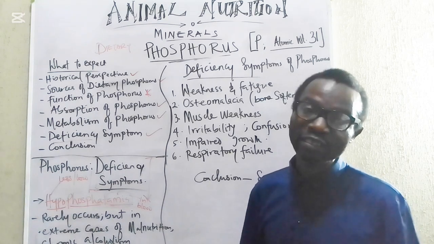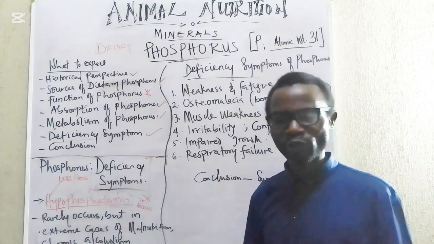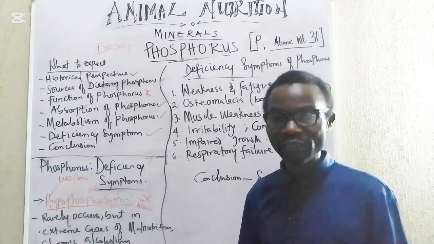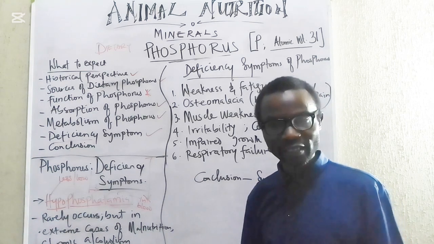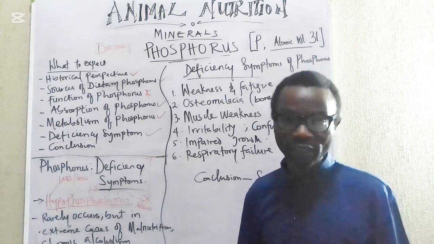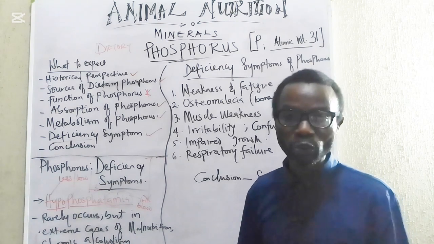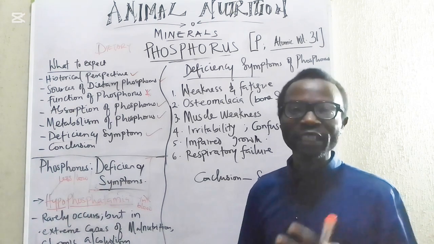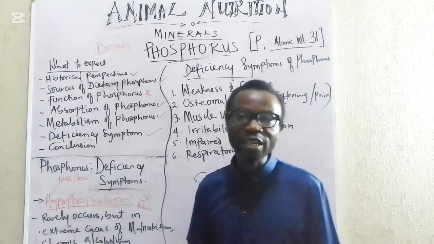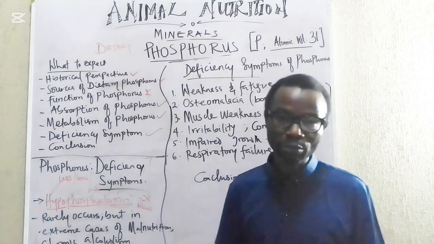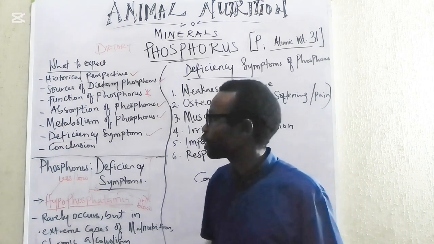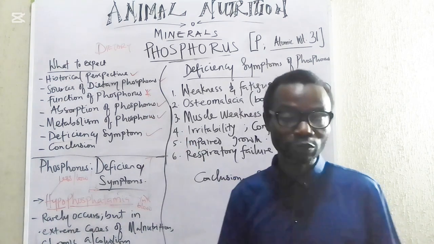So phosphorus, in essence, was first called the light bearer, in a Greek term, because when they discovered it, it glowed in darkness. That was how they looked at it. Further studies showed by the 20th century that phosphorus has a very important part in the health of the teeth and the bones.